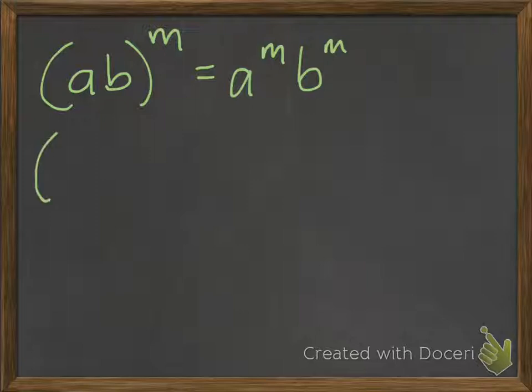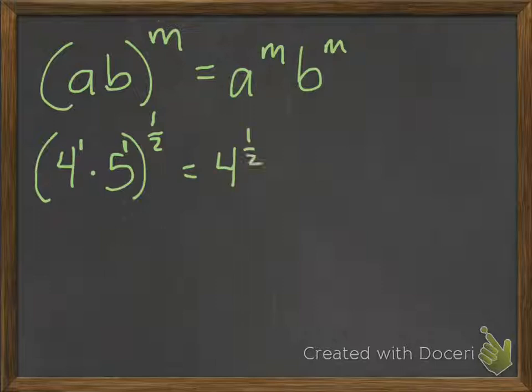The example for this one is 4 times 5 raised to the 1/2 power. If I go in the parentheses, it's implied that 4 is raised to the first power, and so is 5. So essentially, I'm distributing this 1/2 to their exponents. Now this will be 4 to the 1/2 power times 5 to the 1/2 power.